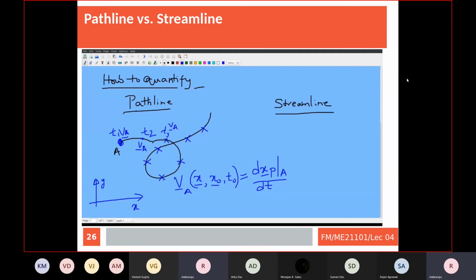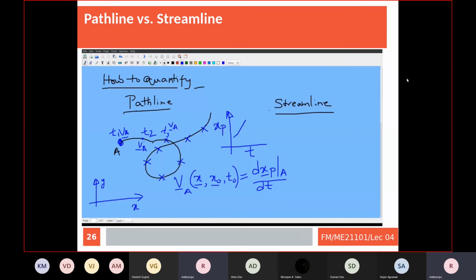If we already know the path traversed by that fluid particle, at each and every location we know the position as a function of time t. If it is a one-dimensional coordinate, just the xp component, we have position 1 unit, 2 units, 3 units, 4 units, again 3 units, something like that.